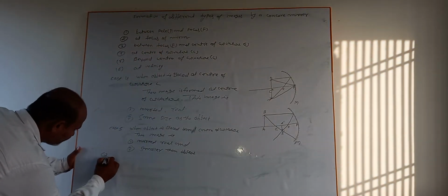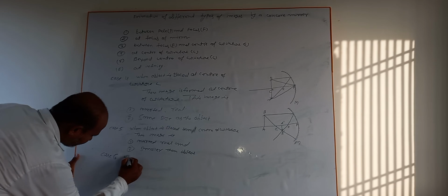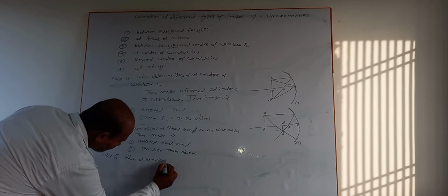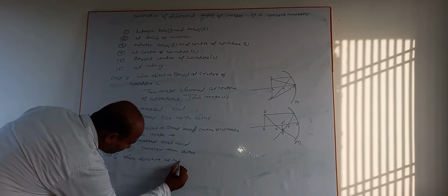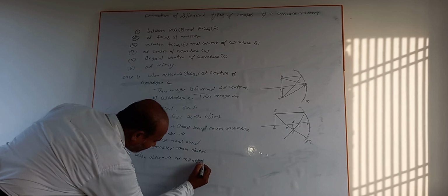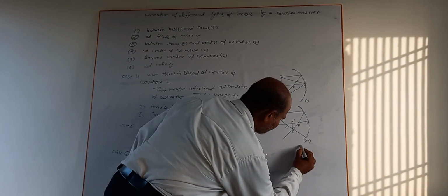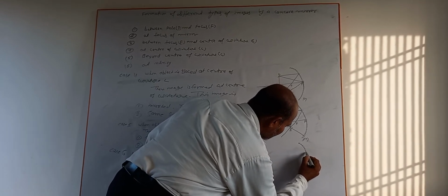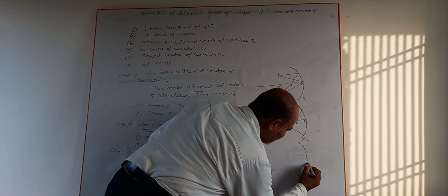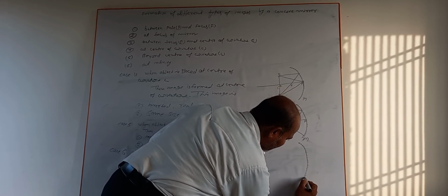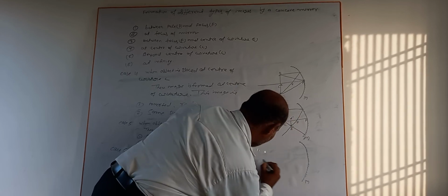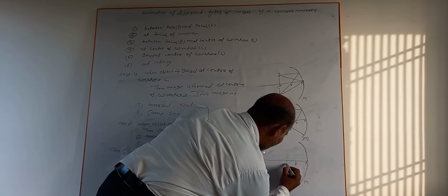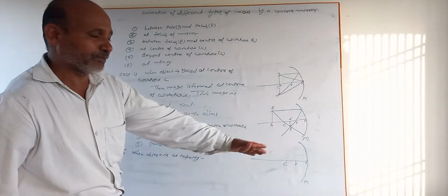Case 6. When the object is at infinity, suppose that M is a concave mirror, P is its pole, F is its focus, and C is its center of curvature.